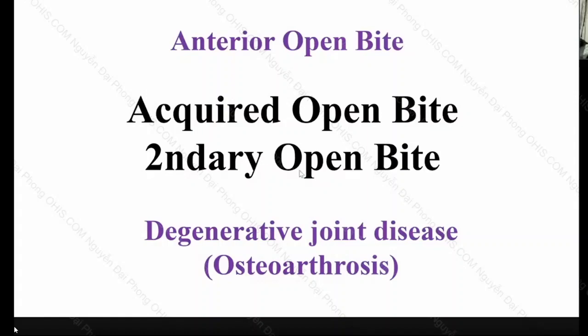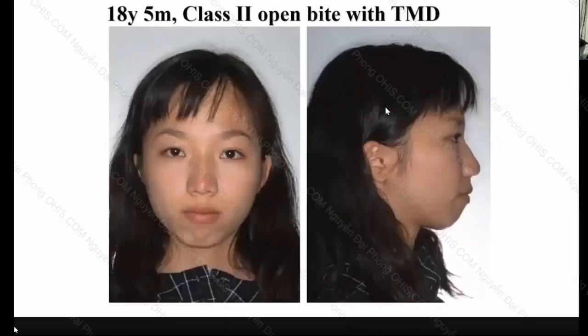This is caused by degenerative joint disease, osteoarthrosis. This subject I will talk about in more detail in the 4-5 modules of this course, but quickly one case I will show you.